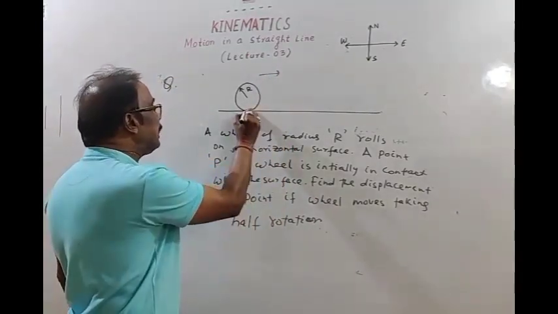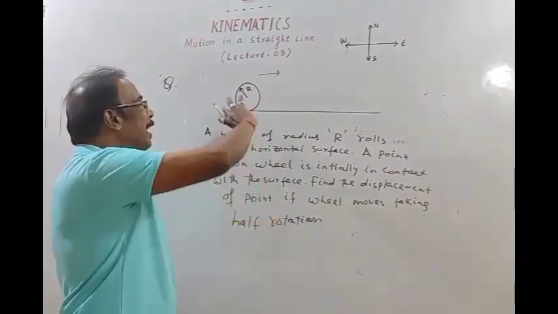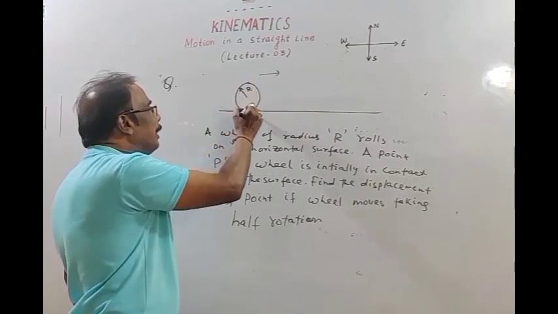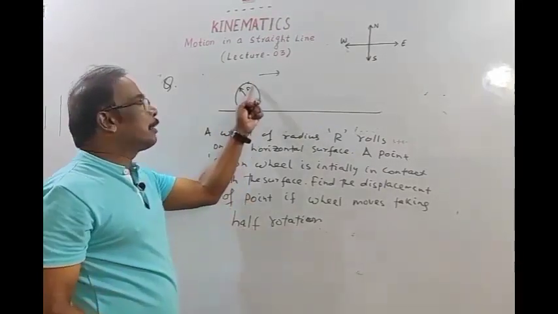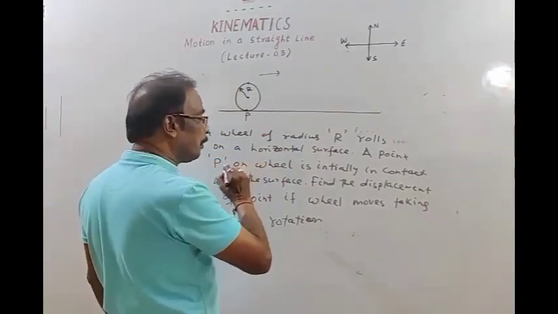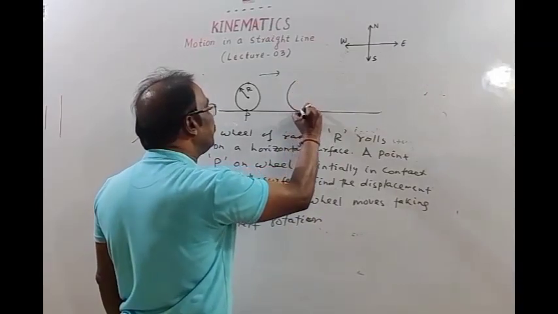See, initially point P on the wheel is in contact with the surface. For half rotation of the wheel, the point P will subtend an angle of 180 degrees above the center of the wheel, meaning point P will reach the diametrically opposite side. But the wheel moves forward. After taking half rotation, let the wheel reach this point.